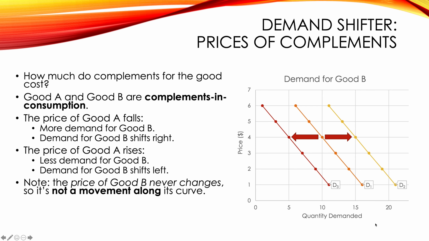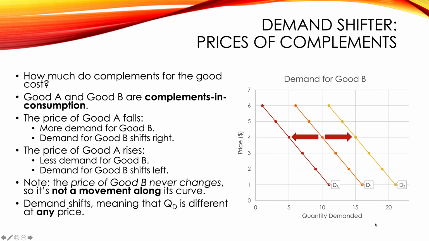If it's good B for which the price is changing, that would be a movement along the demand curve for good B. But if it's a change in the price of good A, a related good, then it's going to be a shift of the demand for good B. It can be a little hard to keep track of on occasion, but if you remember those rules, you'll be just fine. So those are the final two demand shifters that we have, substitutes and complements in consumption.